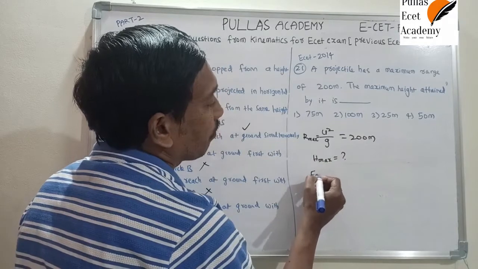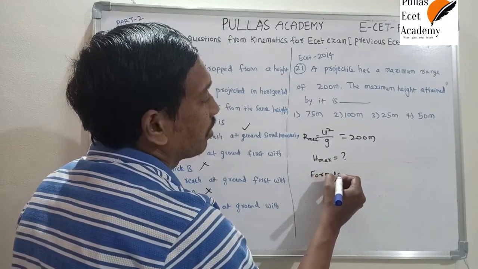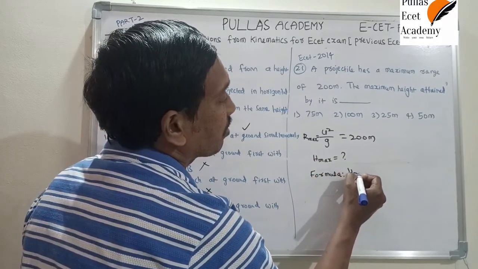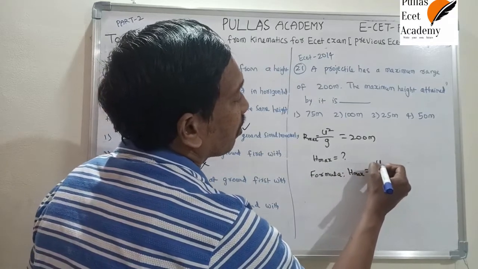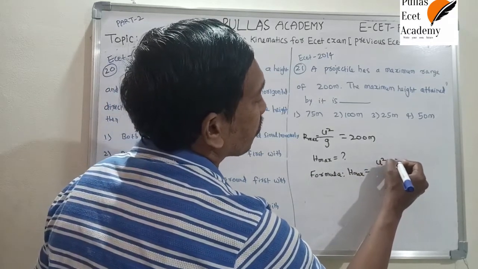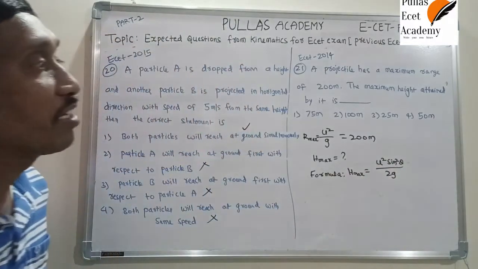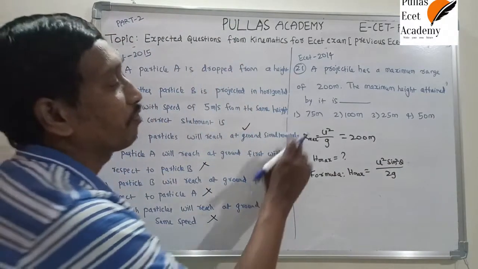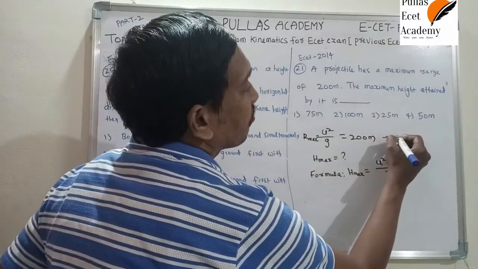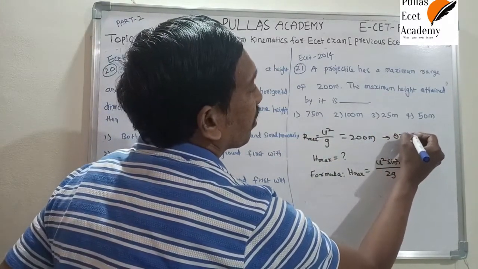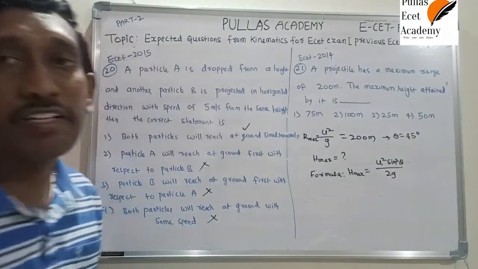What is the formula for maximum height? This maximum height formula for oblique projectile is u square sine square theta by 2g. But here theta is not given. Why not given? For maximum range, theta is equal to 45 degrees, so indirectly we understand the angle is 45 degrees.